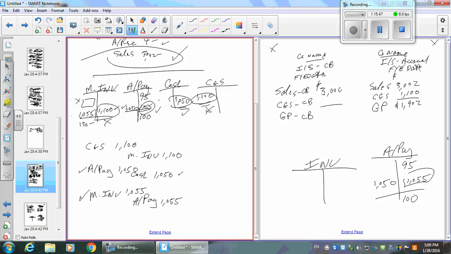Some number plus 1,055 less 1,100 leaves you 130. What was it at the beginning? 175. And then double check yourself. After you calculate it, take 175 plus 1,055, subtract 1,100, and you get 130. You see it?